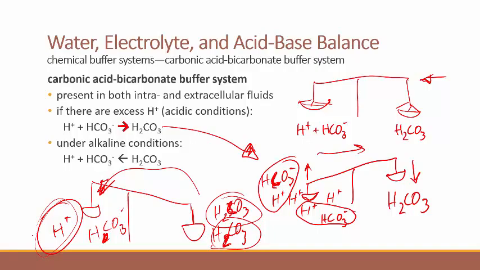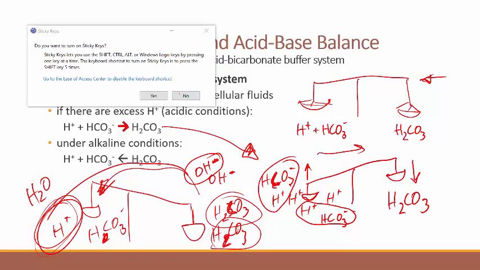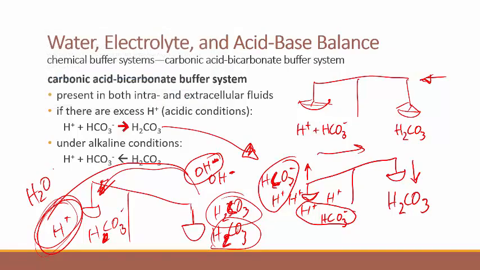Here's what we need to help make that make sense. We've got a bunch of this OH minus laying around. If we can rip the hydrogen off of carbonic acid, free it up, then we can take this OH minus and react it with the hydrogen ion, and we get water. So now we've neutralized all this stuff over here that was making us basic. That's the piece I was missing.